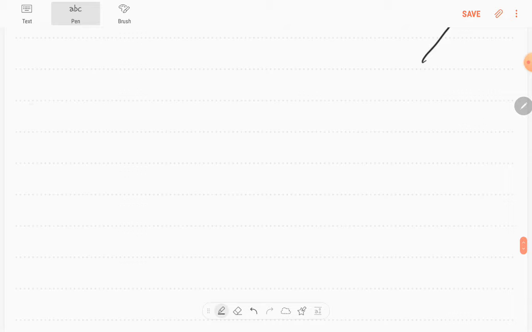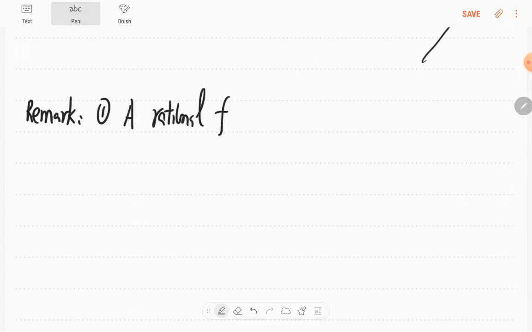So here is the remark for these two asymptotes. The first one: a rational function may have many vertical asymptotes.